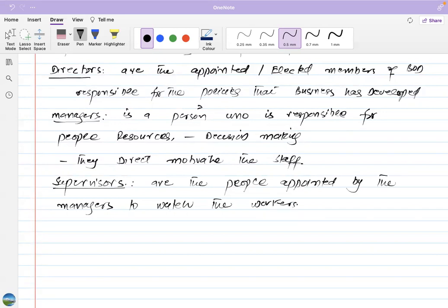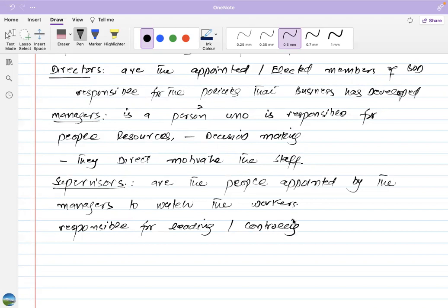Usually supervisors are in charge of a production unit, or in charge of a floor in the case of a retail store, for example. They are not directly involved in the major decision making process of the business, but they are responsible for leading and controlling a team. So these people are called supervisors.